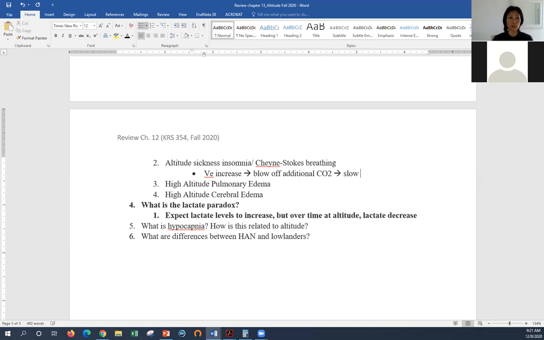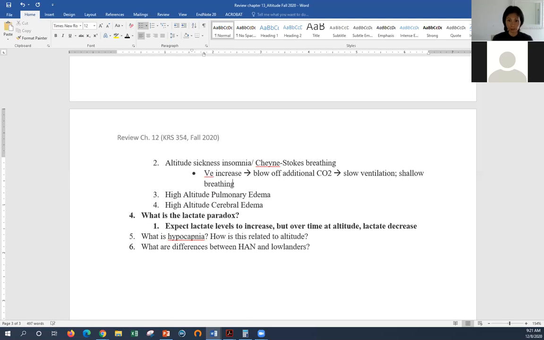They slow ventilation down so much that your breathing becomes shallow, and you have intermittent times of no breathing. So you essentially stop breathing in the night, and it's similar to sleep apnea.